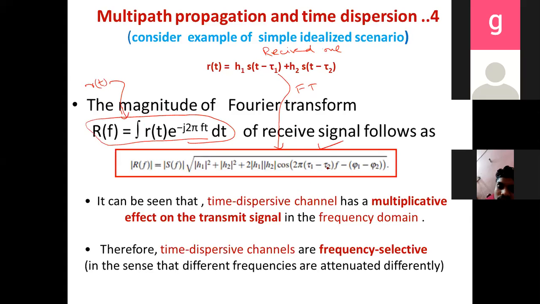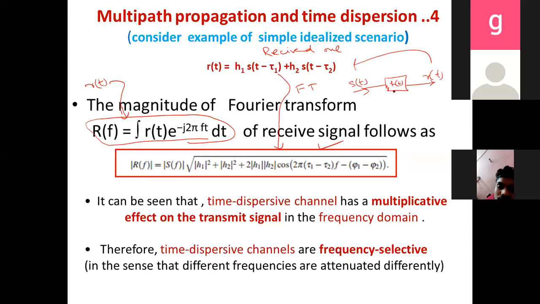So what we did is, this is the channel whose impulse response is h(t). I got my r(t) here, having sent my s(t). There are two s signals, and because of this channel, r(t) is a summation of two signals.